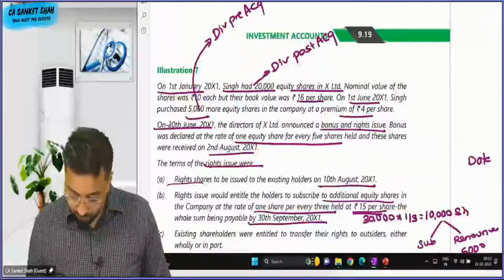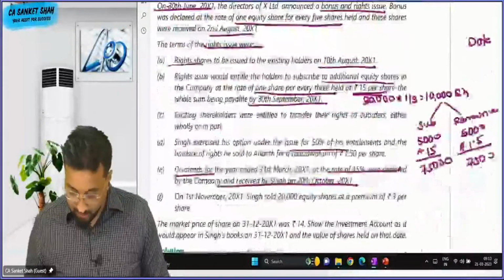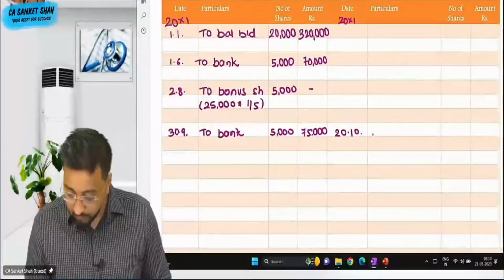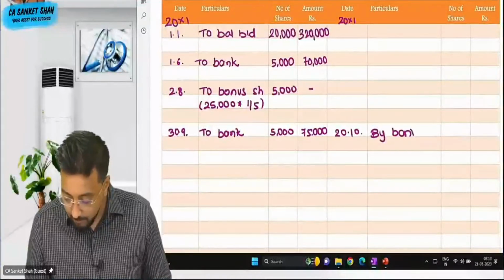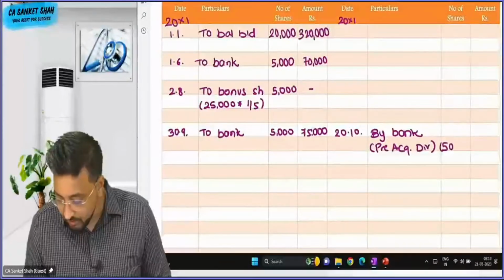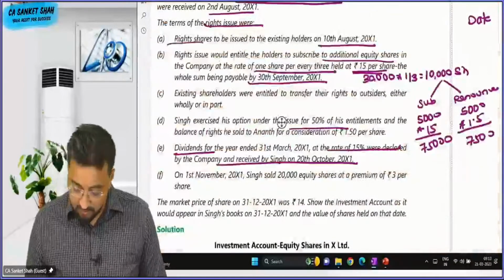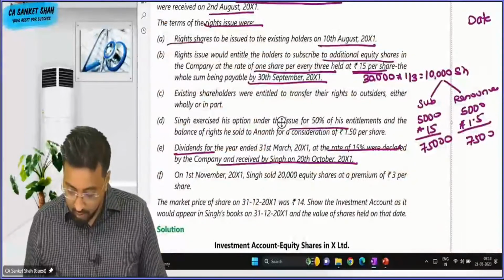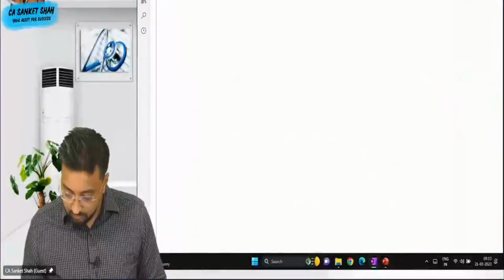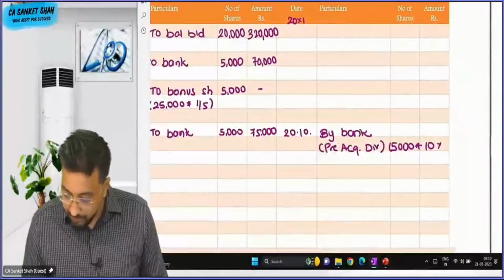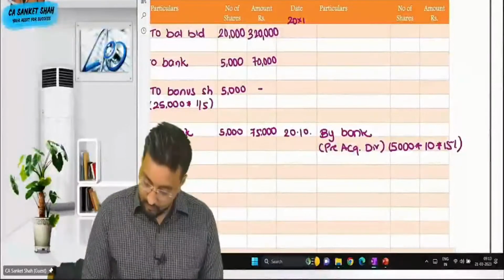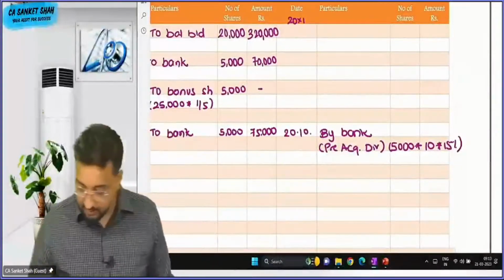Come on, quickly. Yes, 20 October, by bank. Pre-acquisition dividend on how many shares? 5,000 shares, 10 rupees into 15%, 7,500.